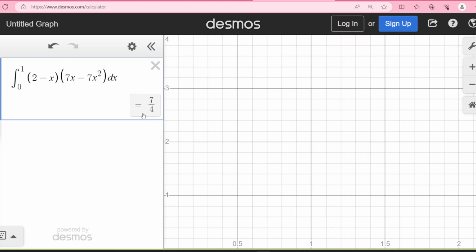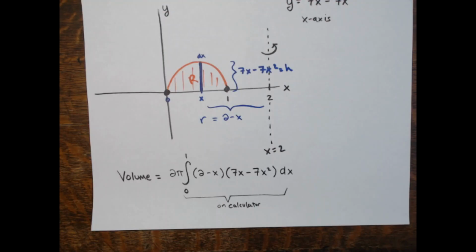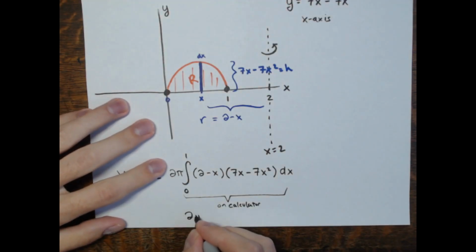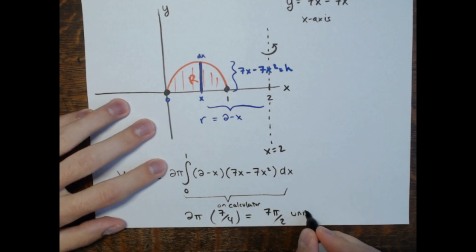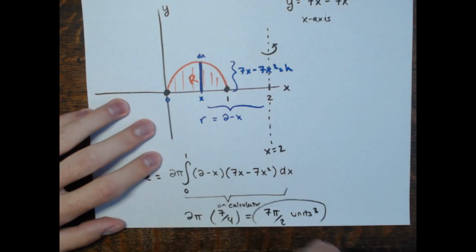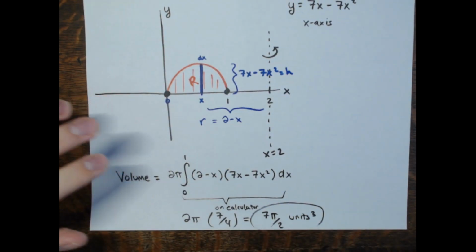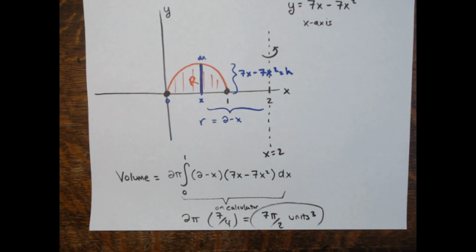And then I multiply that by 2 pi. When I multiply, this is 2 pi times 7/4, and then the 2 goes into 4 twice, so it's 7 pi over 2, or 7 halves pi cubic units, would be the volume of the Jello mold created when I rotate this region around the line x equals 2.